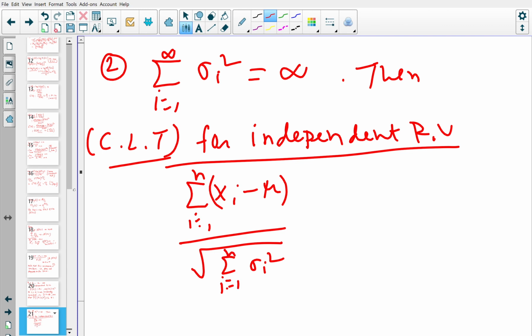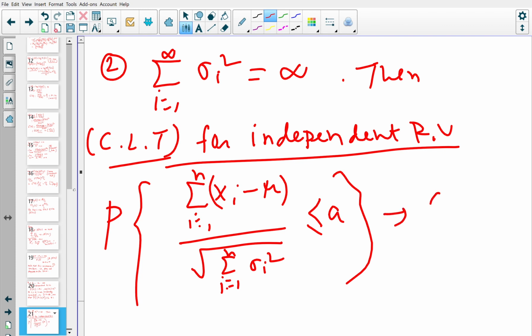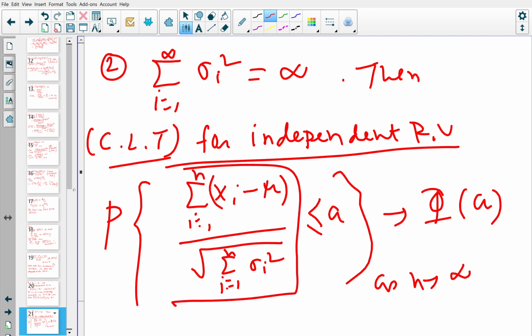You would like to know the probability that this quantity is bounded by A, and this converges to the standard normal, that is, mu of A, as n tends to infinity. So this quantity follows the standard normal distribution provided the above two conditions hold. This is the independent version of the central limit theorem.